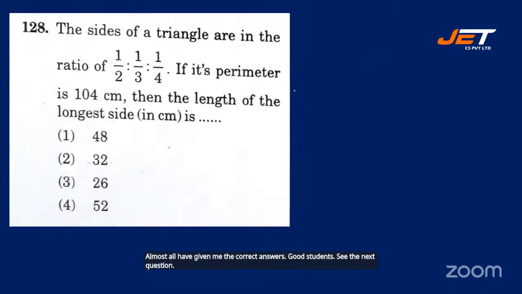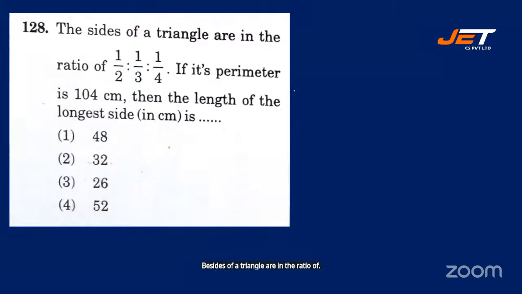The sides of a triangle are in the ratio of 1 by 2 is to 1 by 3 is to 1 by 4. If its perimeter is 104 centimeter, then the length of the longest side in centimeter is dash.